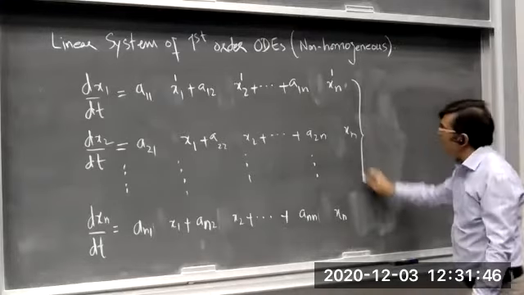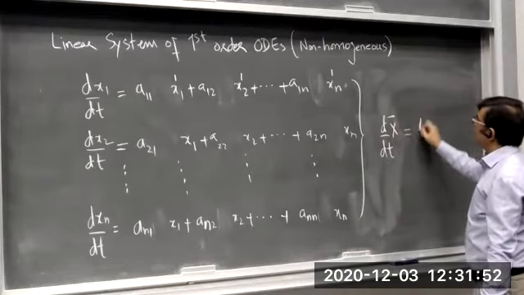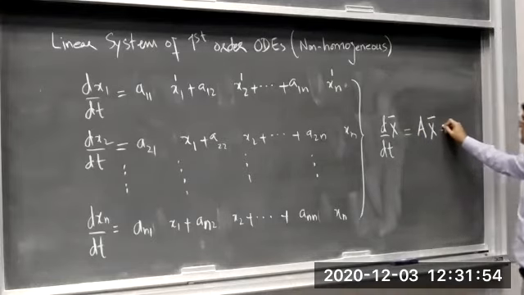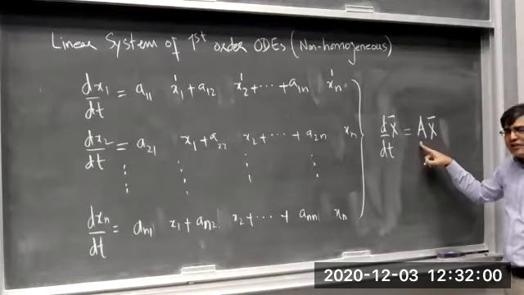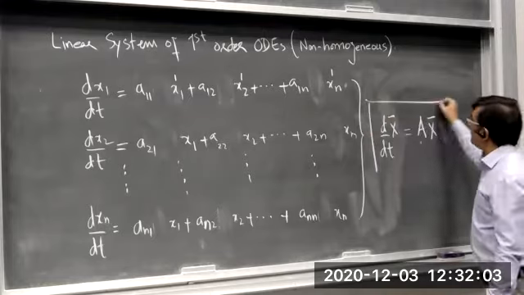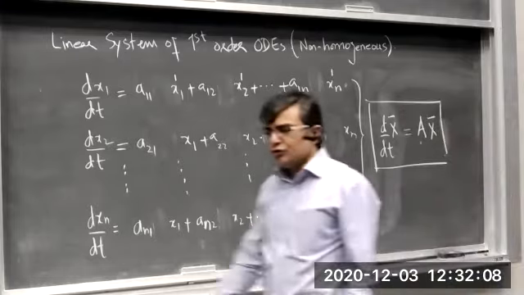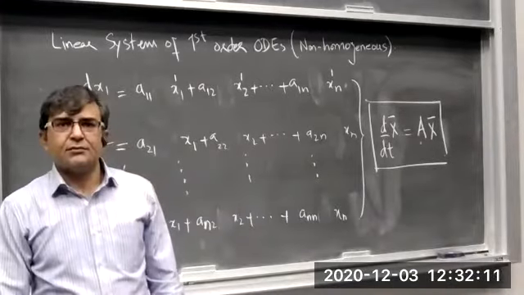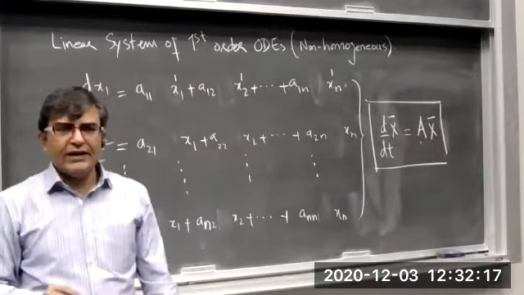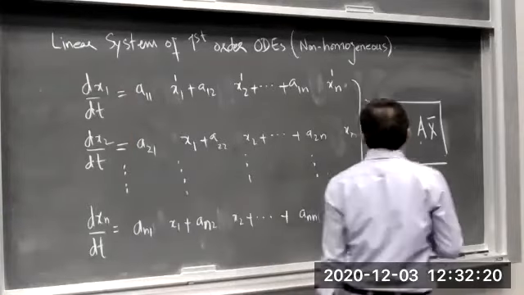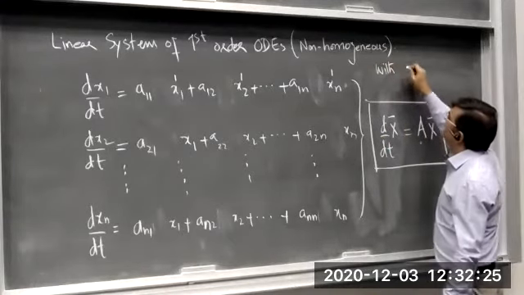And this system can be written as d by dt of x is equal to A times x plus 0, nothing, where A has entries which are constants. So first we shall see how to handle these kinds of systems: linear homogeneous systems of first order ODEs with constant coefficients. Not the non-homogeneous ones with constant coefficients.